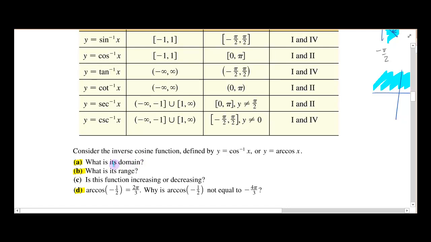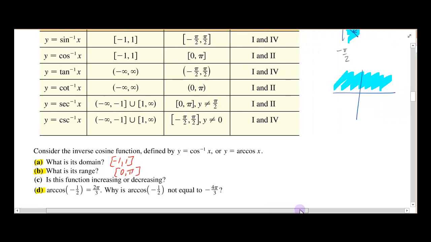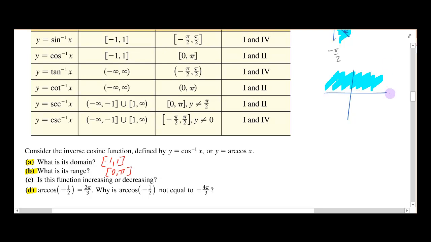The domain of inverse cosine is going to be from negative to positive 1. And the possible outputs are between 0 and pi, which we drew a picture over here representing that. So this is 0, this is pi, and this right here is my inverse cosine function.